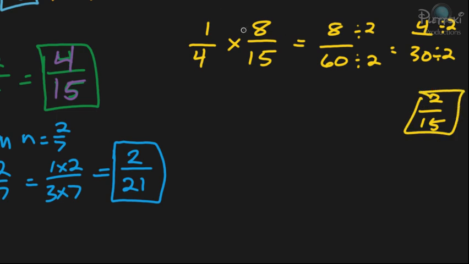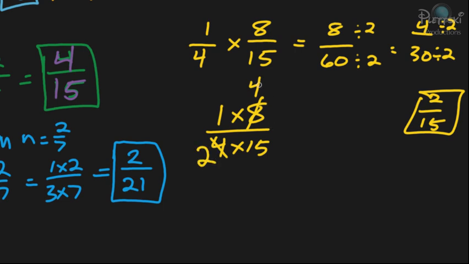But if we want to simplify before we multiply, we can see that 1 times 8 over 4 times 15 can be simplified. If you divide the 8 by a 2 and you divide the 4 by a 2, so when you divide the 8 by a 2, you get 4, and divide the 4 by 2, you get 2. And then you can do it again and say 4 divided by 2, well, that's 2, and then 2 divided by 2, well, that's 1.